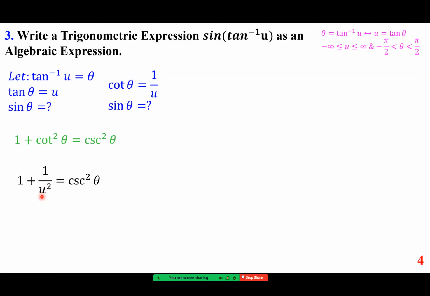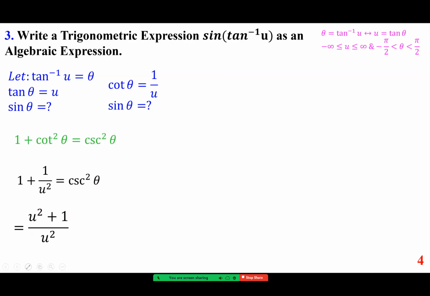We take a common denominator of u squared, so the left side becomes u squared plus 1 over u squared. And this is cosecant squared. You know the relationship between cosecant and sine is that cosecant is 1 over sine. Therefore, if this is cosecant squared, sine squared must be the reciprocal of that.